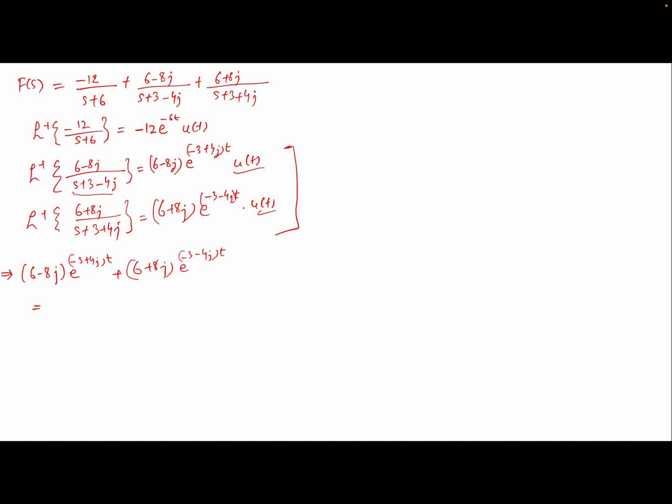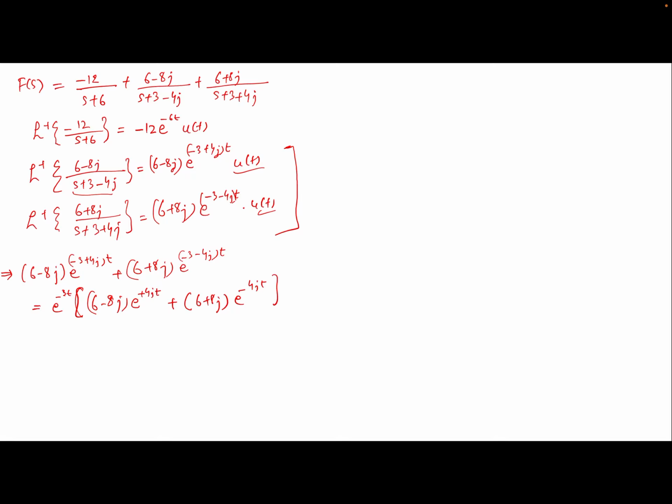Okay, so I'm gonna take e raised to power minus 3t out. So I will be left with 6 minus 8j e raised to power plus 4jt plus 6 plus 8j e raised to power minus 4jt. Okay.